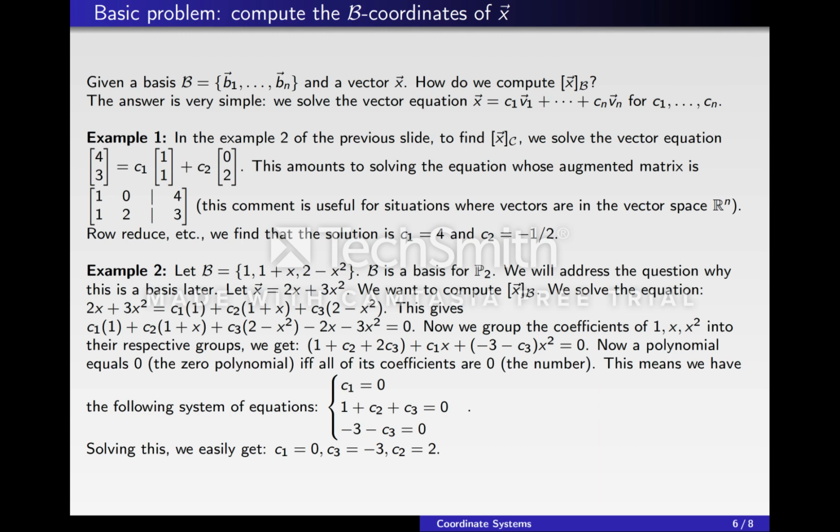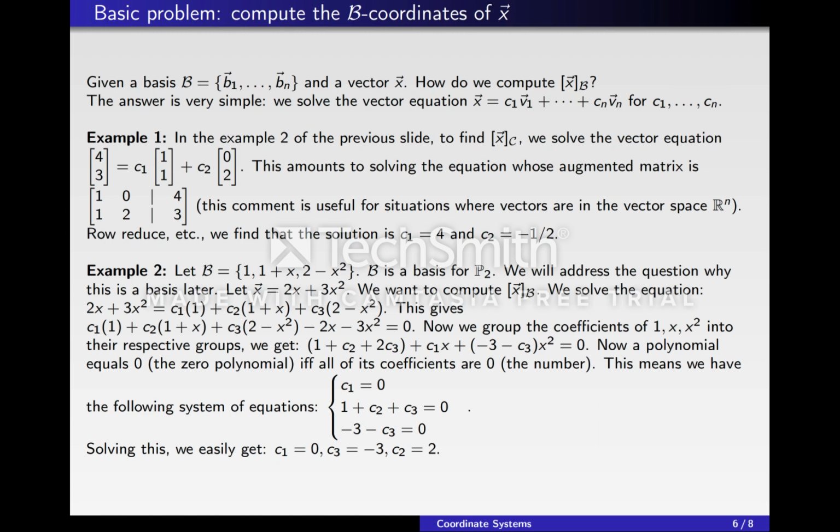Let's group the coefficients that come along with the polynomials 1, x, and x squared. Move the 2x plus 3x squared over, so we get c1 times 1 plus c2 times (1 plus x) plus c3 times (2 minus x squared) minus 2x minus 3x squared equals 0.